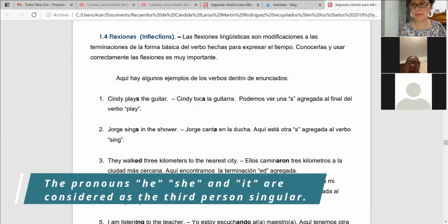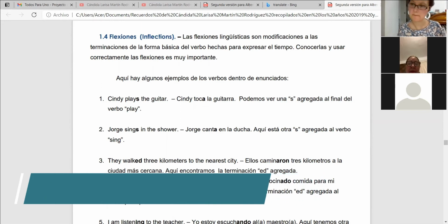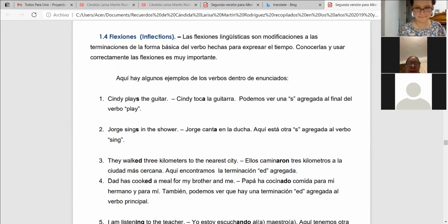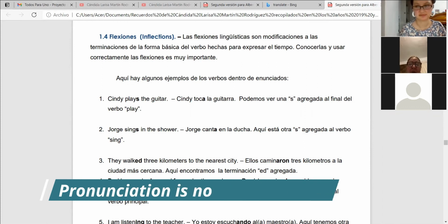In the first example, Miguel, can you read the first example where it says Cindy? Cindy plays the guitar. Very good. Cindy toca la guitarra. Here we can see an S because it's the third person singular, she. Carmen, could you please read number 2? George sings in the shower.